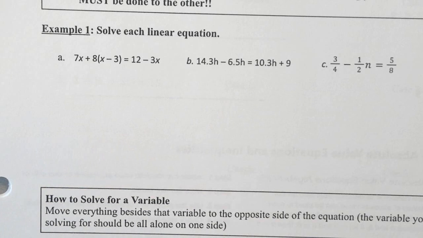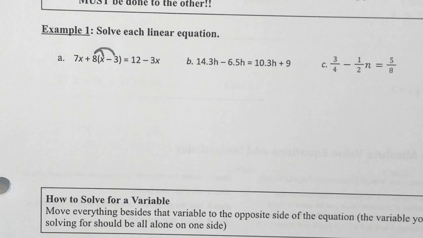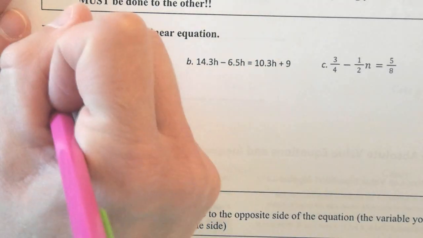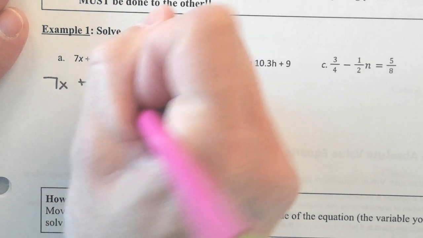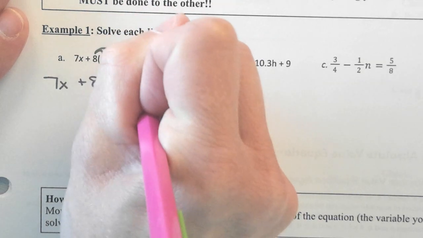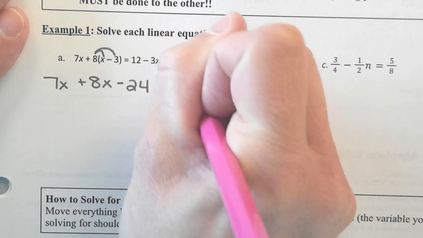If this was your problem, what would you think of to do first? Distribute. Let's get rid of those parentheses. So I'm going to take that 8 and multiply it in. So I have 7x plus 8x minus 24 equals 12 minus 3x.